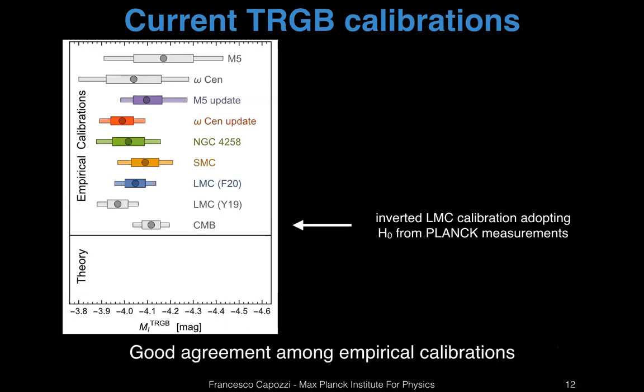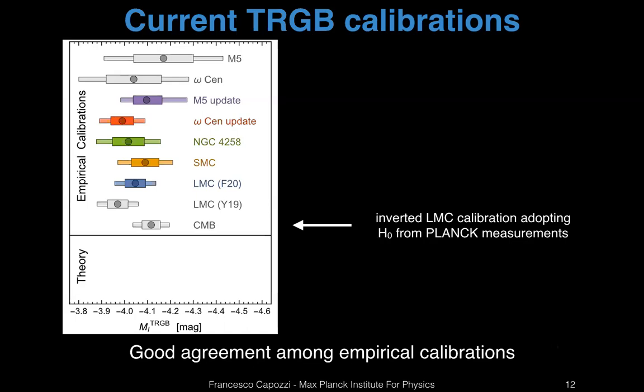Now, another significant point is that you can start from the tip of the red giant, and then move up the cosmic ladder and reach the Hubble constant. But in principle, why can't you do the opposite? So you start from the Hubble constant given by a different measurement, for instance the one coming from the CMB, so basically Planck, and then you go down the cosmic ladder and reach a calibration of the tip of the red giant.